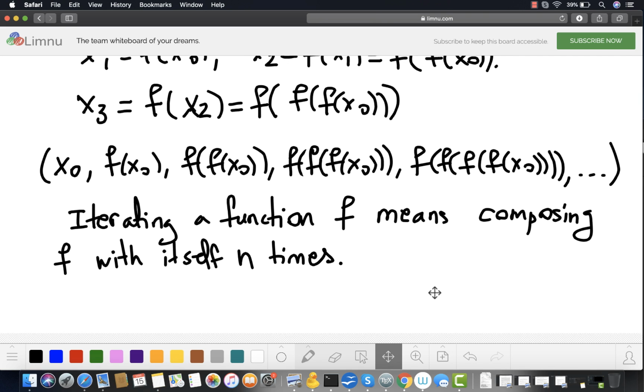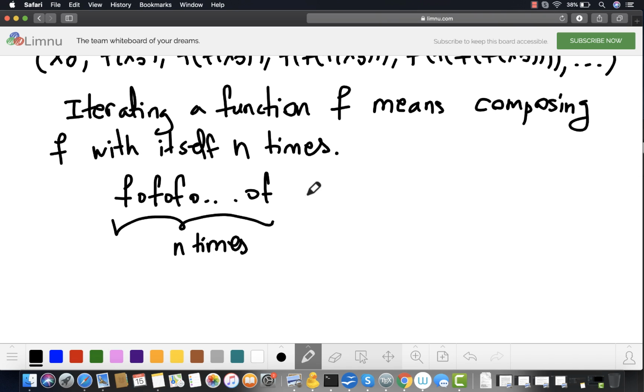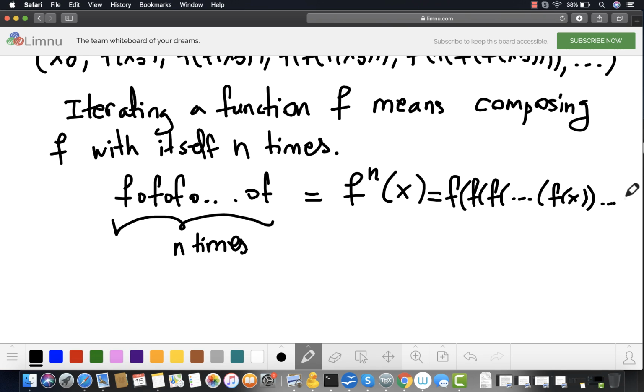Composing f with itself means doing this, where little circles just mean compositions, n times. And sometimes you can write this as f to the n, like this. But this is not to be confused with actually multiplying f by itself. I'm just applying f to itself many, many times. In other words, this is just f of f of dot dot dot, where I've nested f inside itself n times.